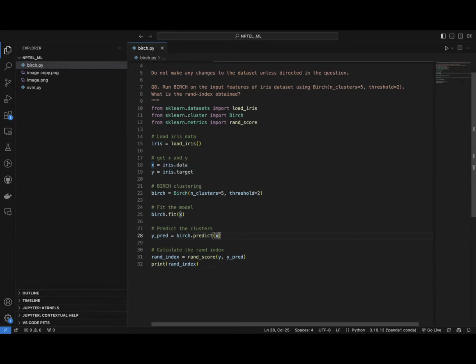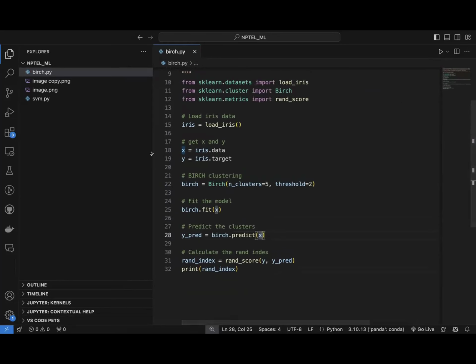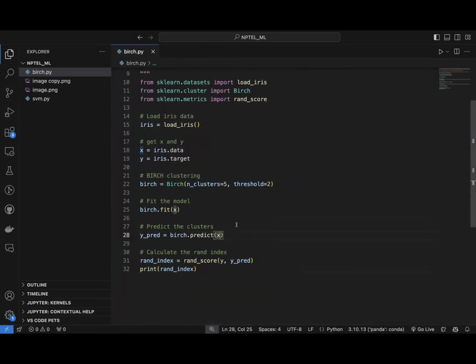When we are doing the prediction, given the data, we have to find what the cluster is. In supervised learning, given the X, it would be the Y. So it shouldn't be called the Y predict, to be specific. These are the cluster labels, not the actual labels. They're not supervised. It is an unsupervised dataset, and that's why we are using these labels, but in general we don't actually have labels.